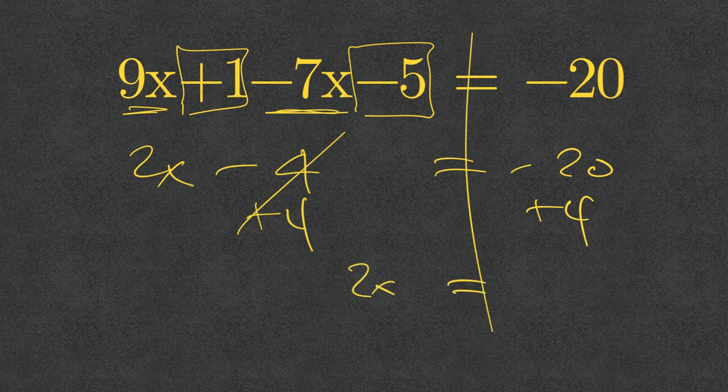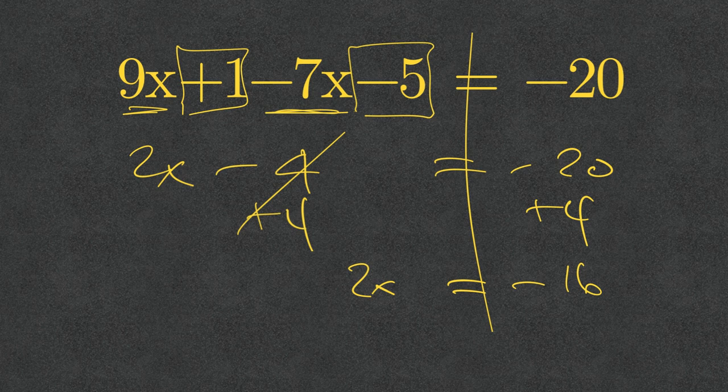There's my 2x equals negative 20 plus 4, which is negative 16. Remember, different signs, so we subtract the two numbers and take the sign of the larger number. So now we have 2x equals negative 16.